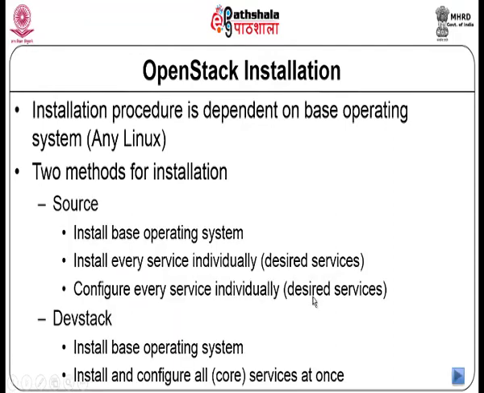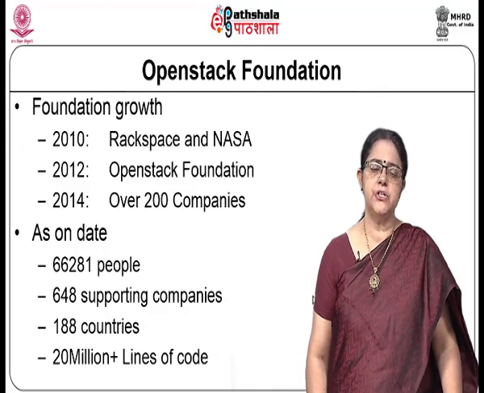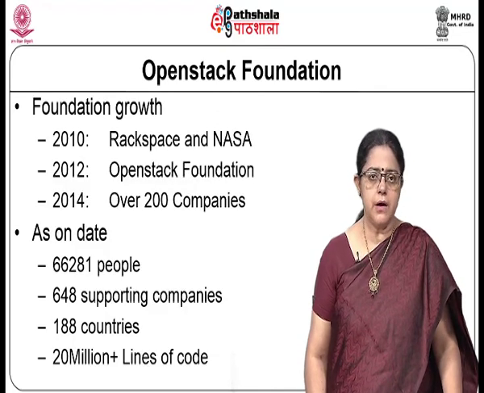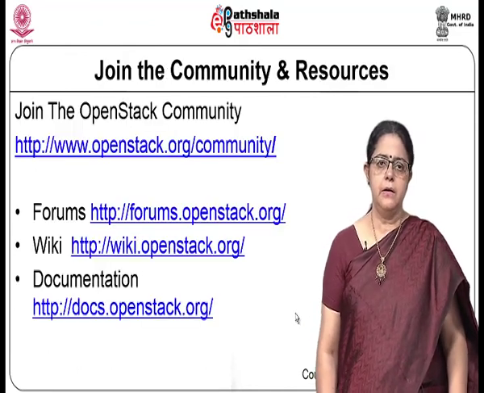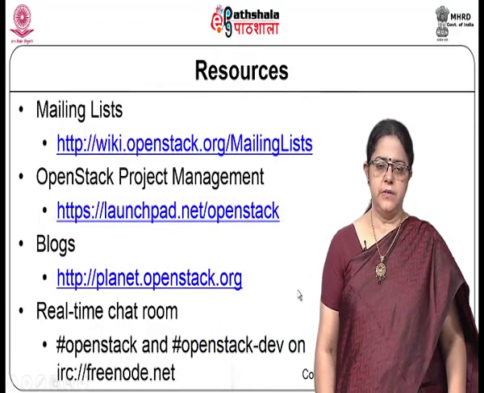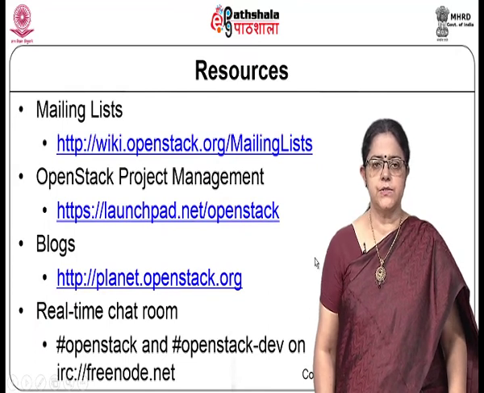One is from the source code, which is more difficult, and the other is DevStack, which is the binaries. And the OpenStack Foundation is a large fast growing foundation, and anybody can become a member of this community. These are some of the resources.